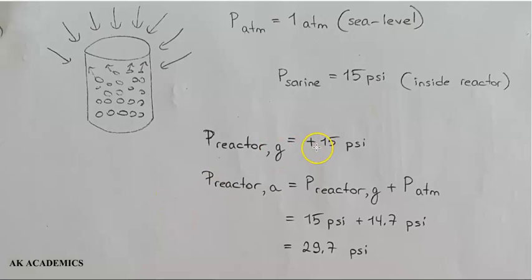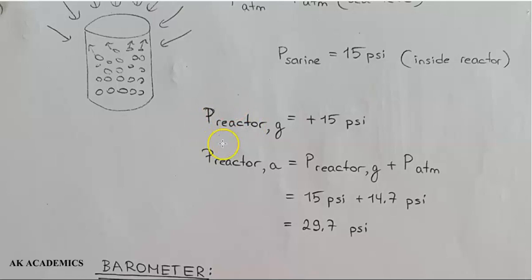We have said that at sea level, atmospheric pressure is equal to 1 atmosphere. Freon is usually located inside a reactor. The pressure of Freon is usually given as 15 psi. So the gauge pressure of the reactor will be given as plus 15 psi, by the way.